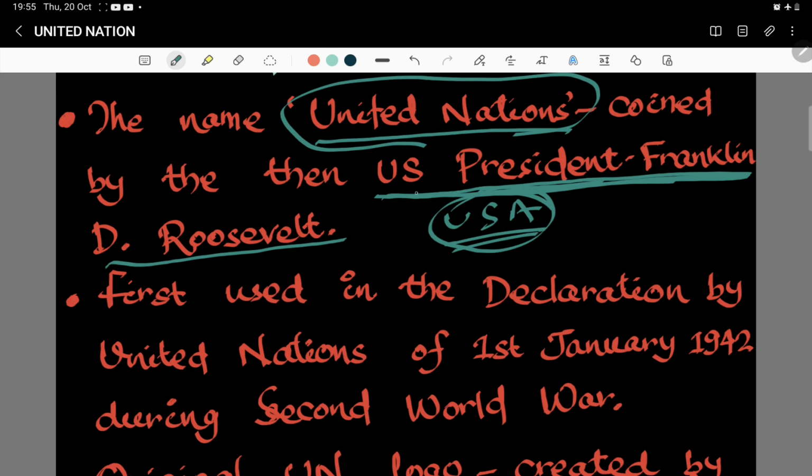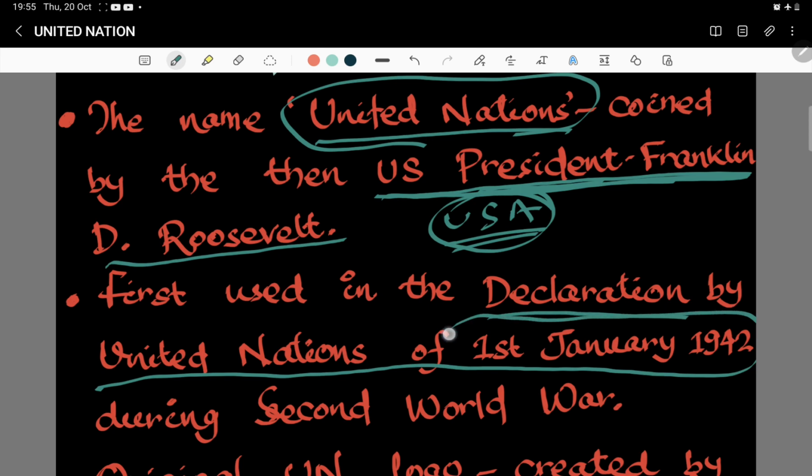It was coined by the then US President Franklin D. Roosevelt, and it was first used in the Declaration by United Nations.